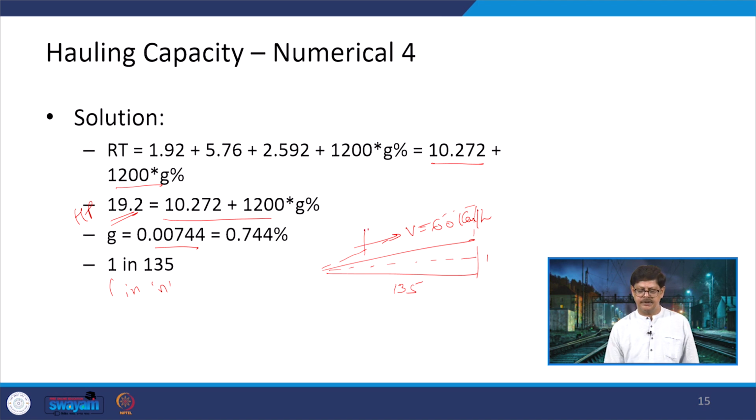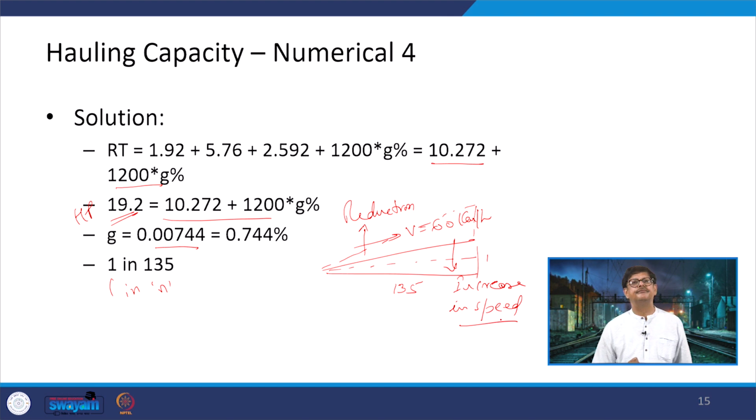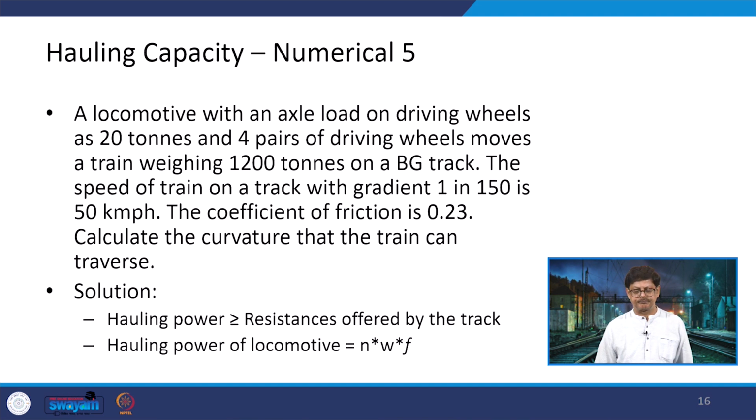So, there the reduction is going to be there, and in this case there is an increase in the speed. We can identify based on the condition given in a numerical what needs to be done.